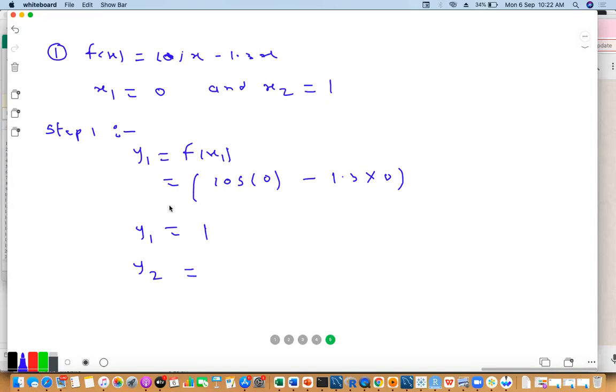y2 is equal to f of x2. Put x2 is equal to 1 in this function. cos(1 minus 1.3 into 1) is equal to cos 1 is 0.54.